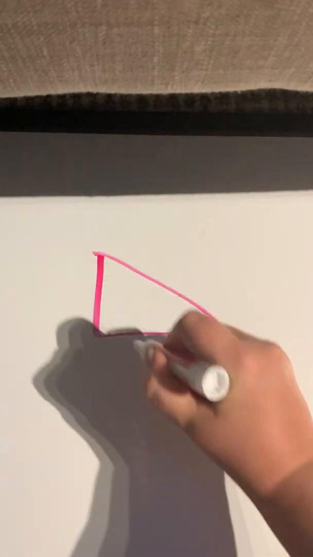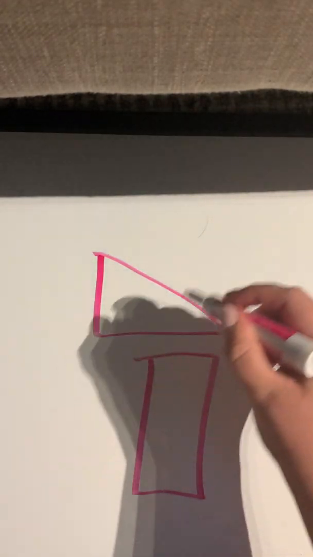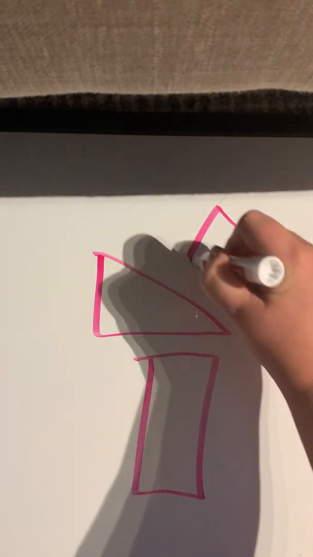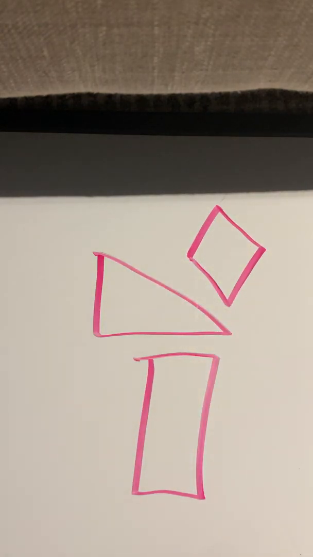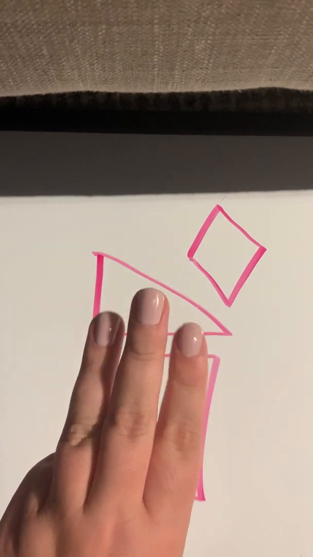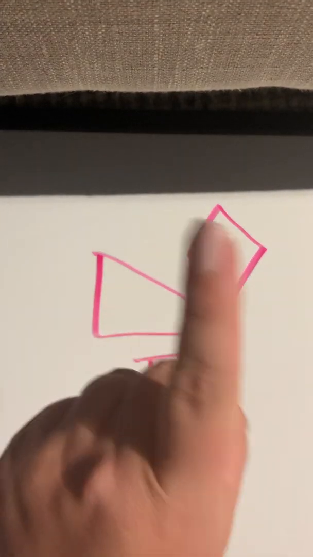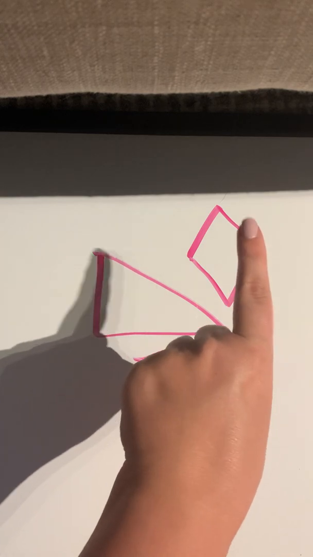So a polygon, just as a little reminder, is a closed plane figure. It is a closed plane figure formed by 3 or more line segments. 1, 2, 3, 4.